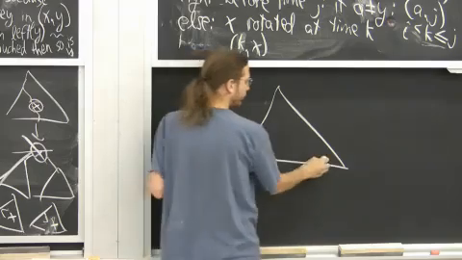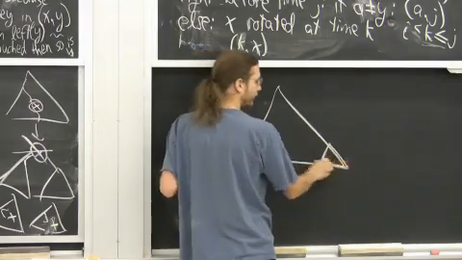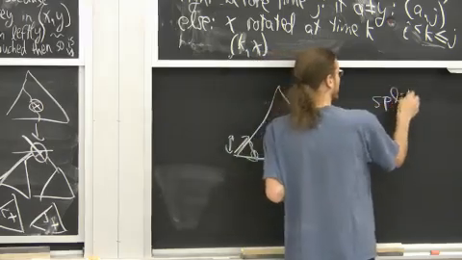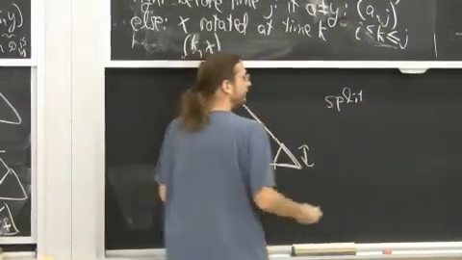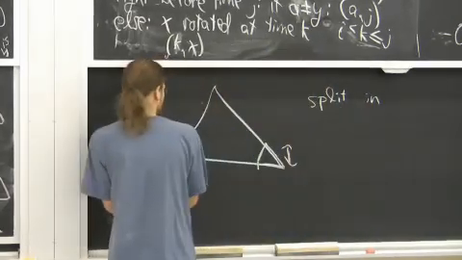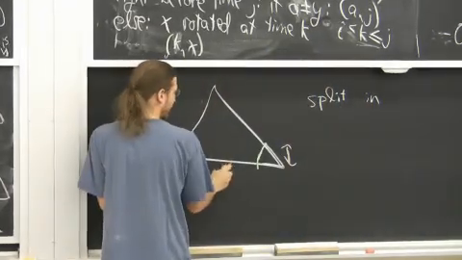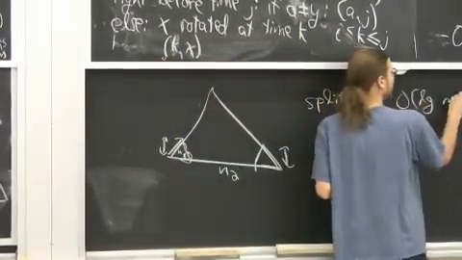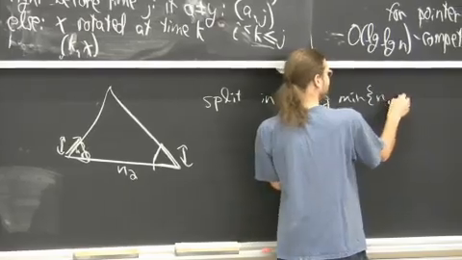On the other hand, if you search over here, you'd like to spend only time proportional to this. So in general, if you search in parallel, say this has size n1 and the rest has size n2, you can split in order log of the min of n1 and n2.